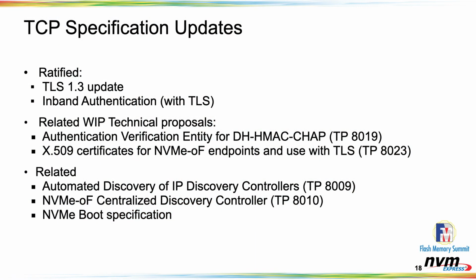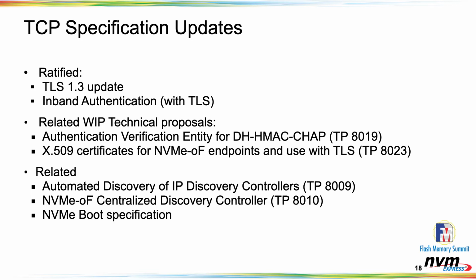All right. So in terms of what the updates are, there was an update for a TLS 1.3 option, which is highly encouraged, given that in the first revision of the specification, TLS 1.2 was state of the art. So 1.3 has a new security type in the discovery log page header, to make sure that the host understands the controller supports TLS 1.3.